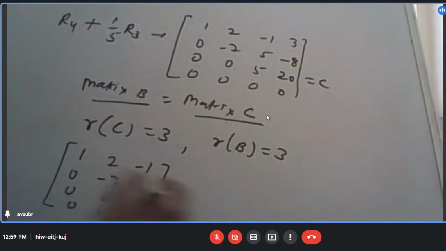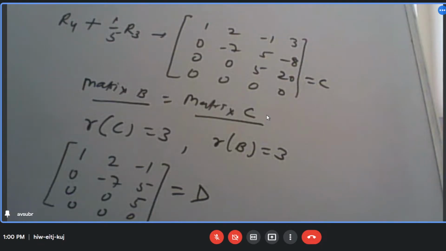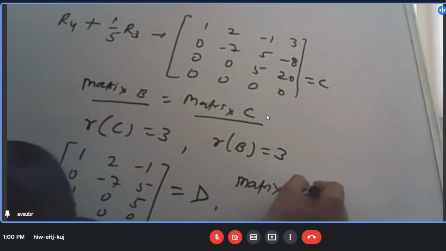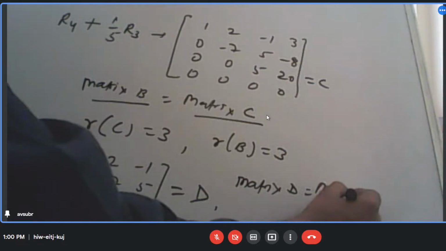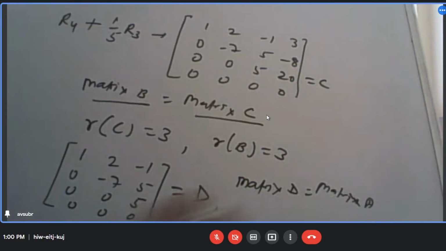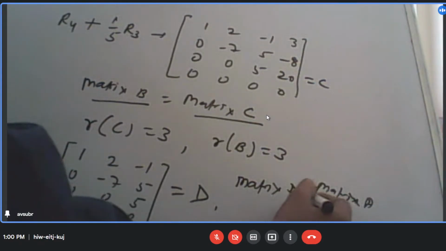Okay? Let me say that this is matrix D. Right? Now matrix D and matrix A are equivalent matrices, isn't it? Yes, sir. Matrix D is equivalent to matrix A. I'll write down the equivalency sign like this.